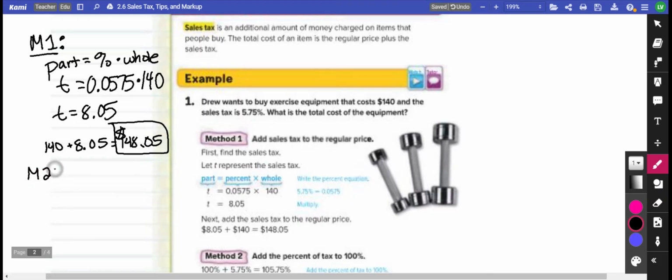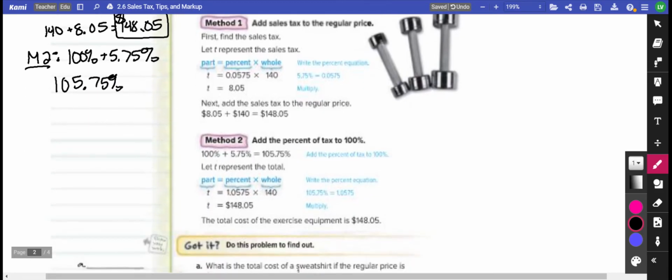Now the other method, method 2, is to add the percent of tax to 100%. So that means if we have 100% and we're adding 5.75%, that means that you are paying 105.75%. Then I'm going to multiply that by my whole.